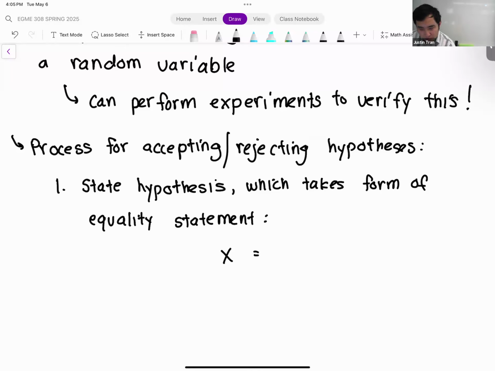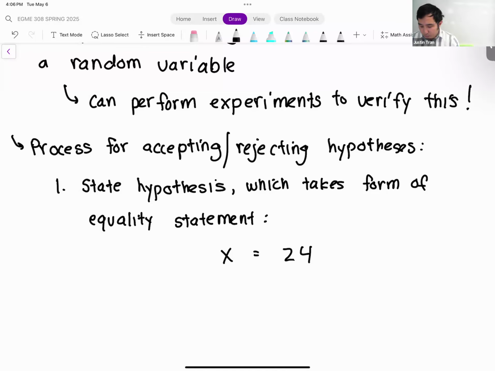And so this is going to have some numerical value here. So, we'll say X is equal to 24. Okay. So we have to make some kind of guess in terms of, we have some random variable. We're going to test for it soon. So we haven't tested for it yet, but before we start the test, we have to give a guess in terms of what the value of that variable is going to be.